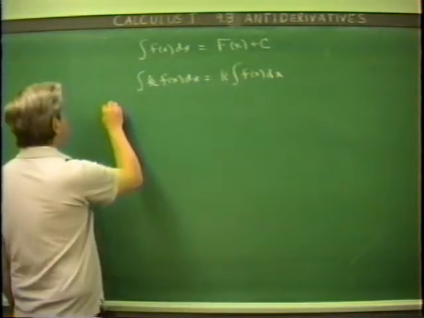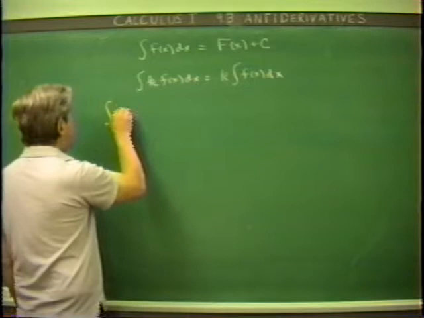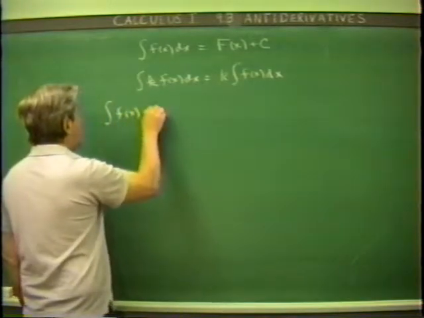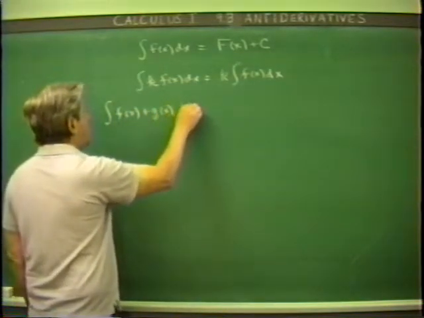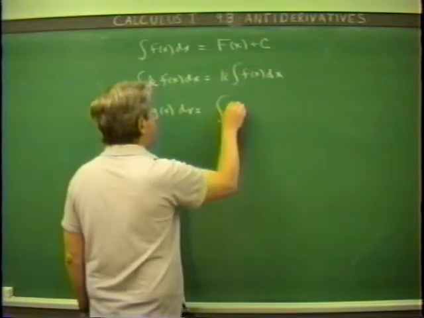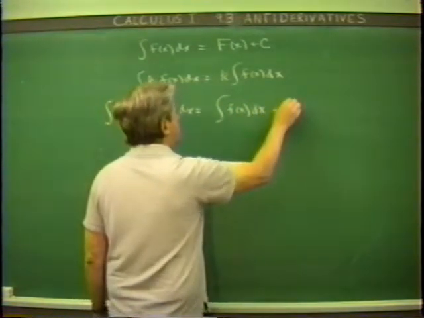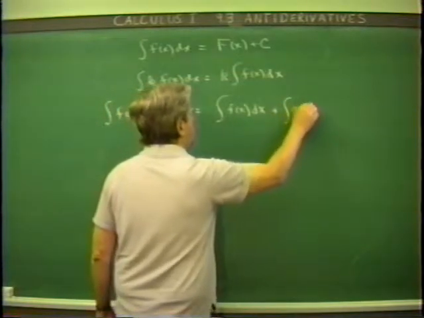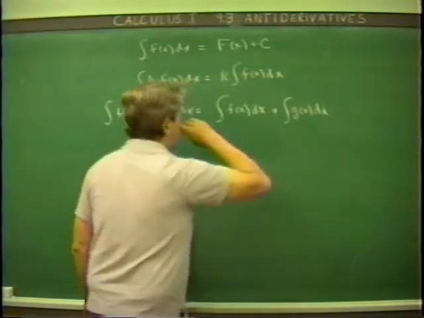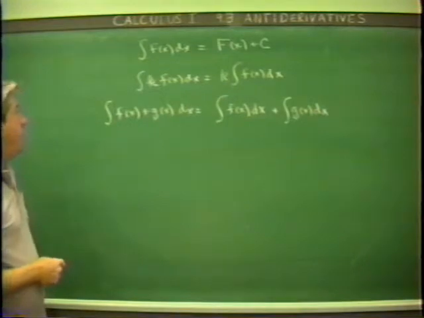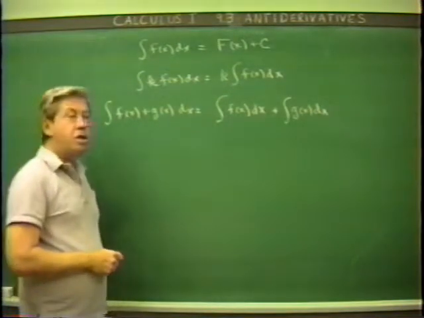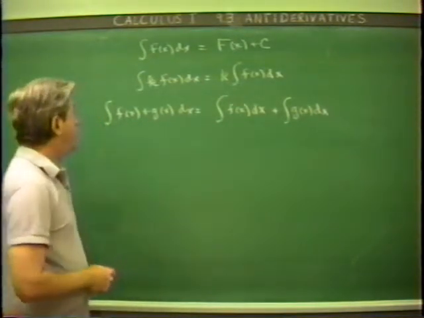And the second of the rules is that the antiderivative of the sum of 2 functions is the sum of the 2 antiderivatives, providing both of the functions have antiderivatives. And this, of course, is again because the derivative of the sum of 2 functions is the sum of the derivatives.